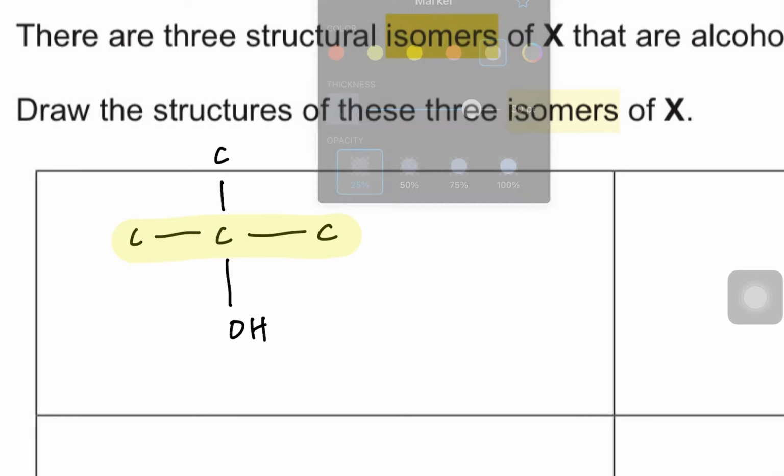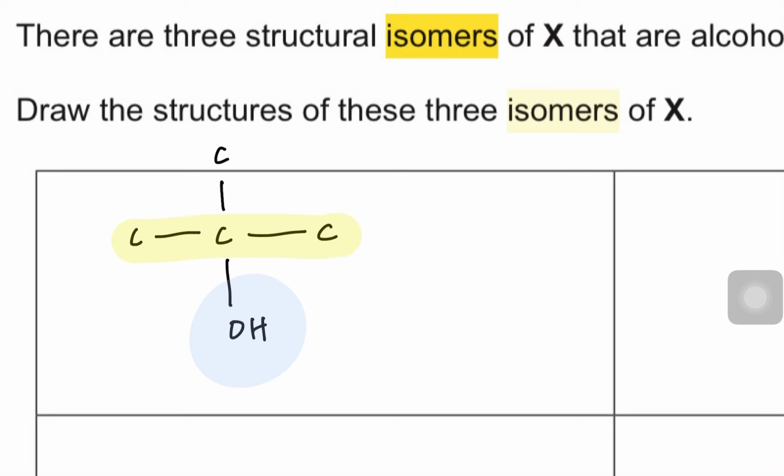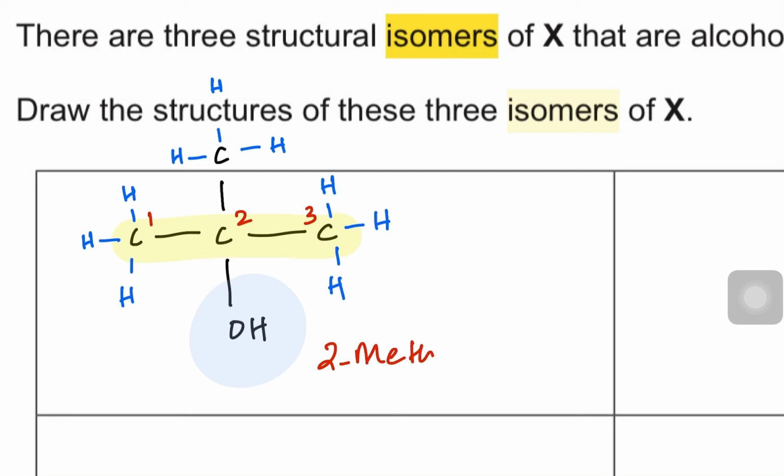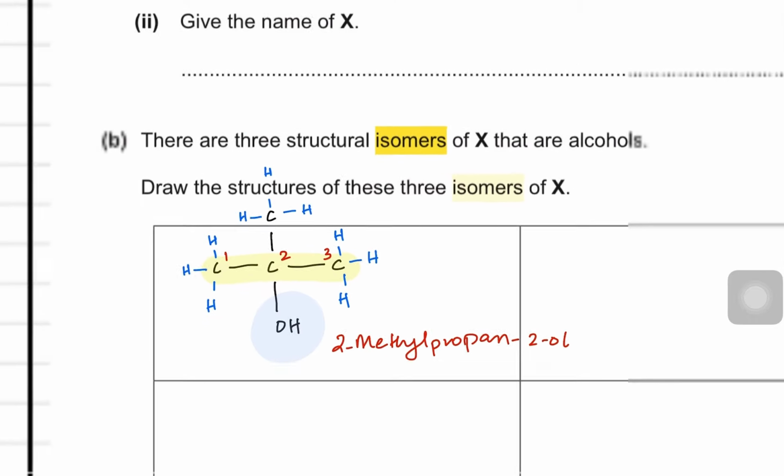This is your OH group, and now you can place the rest of the hydrogens. I am drawing the displayed formula, but you can choose to draw whichever formula you wish. This is the structure of carbon 1, 2, 3. So you have 2-methyl, because there's a methyl on carbon 2, propan-2-ol. This is the structure of 2-methylpropan-2-ol.